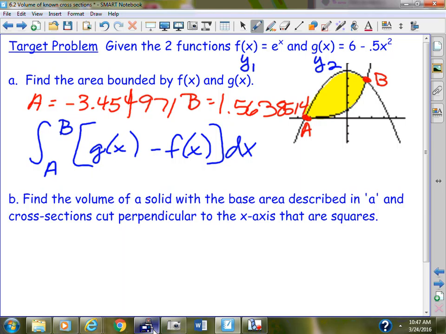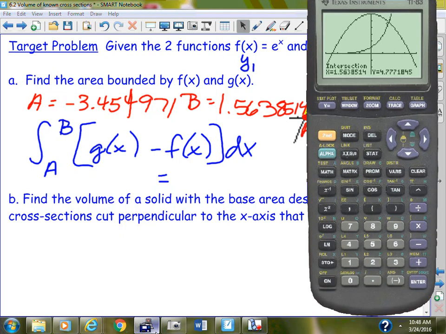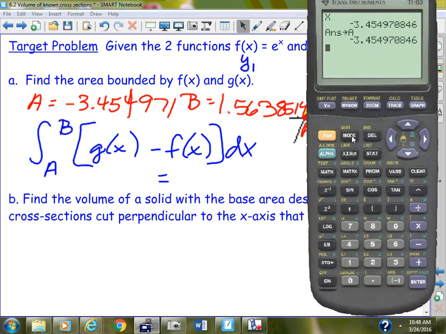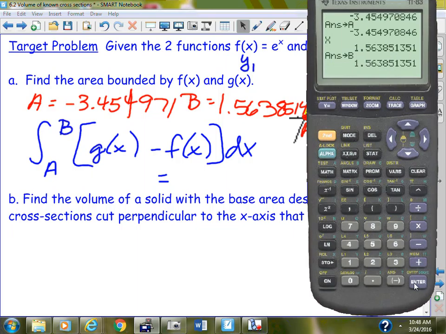The last point that you would get for this is getting the correct answer. So again, on the calculator, I can get it to do the work for me. I don't know if I stored this answer. I don't think I did. Nope, so I'll do x equals, and I'll store that as alpha b real quick. All right, so now to do the integral, I'm going to go math 9. I want y2, so I'm going to use bars.